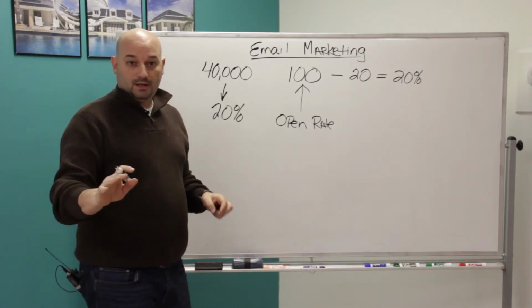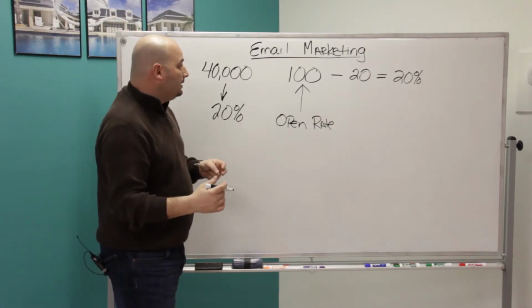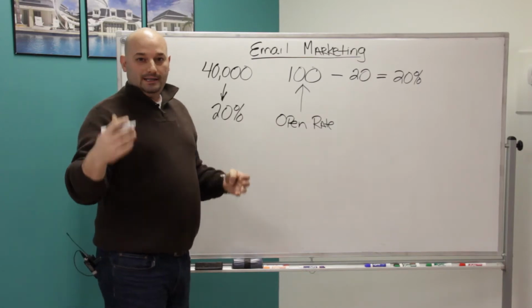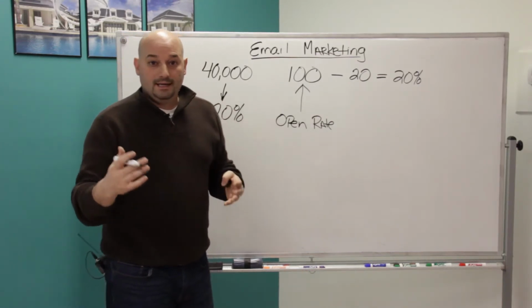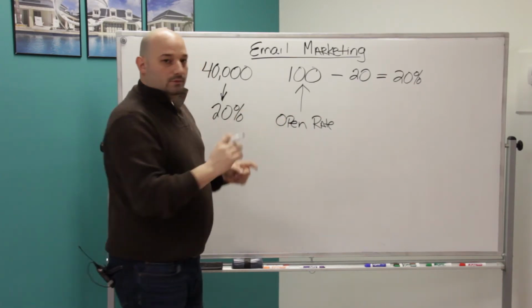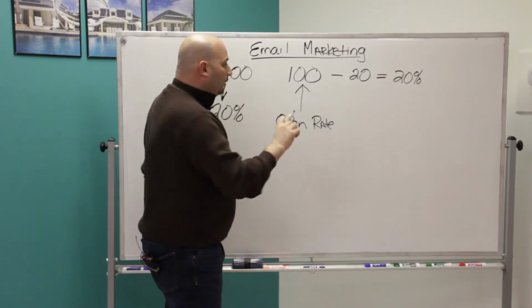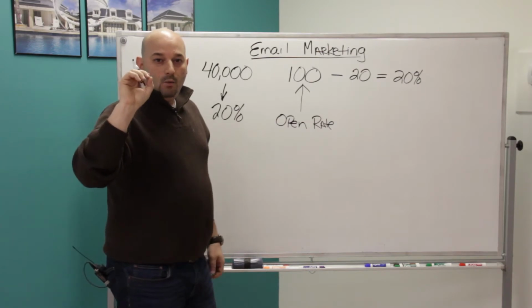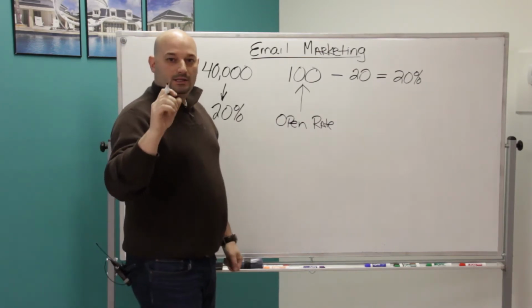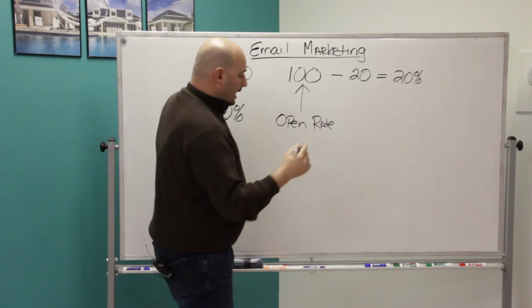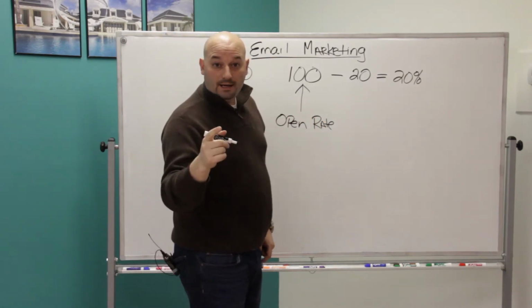Now, what determines the percentage of open, right? That's important, okay? And I want to get into that here because this is something that you're going to need to understand, because not all emails are created equally. Open rates are going to be 90 to 100% determined by your subject line.